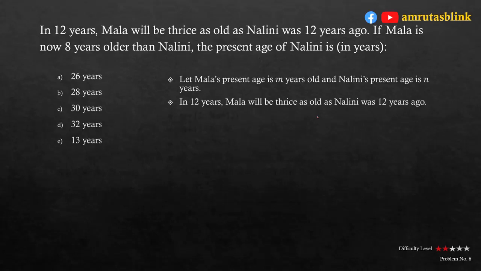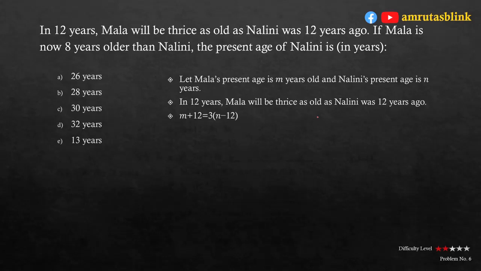Now, in 12 years, Mala will be thrice as old as Nalini was 12 years ago. If today's age of Mala is m years, then after 12 years her age will be m plus 12.